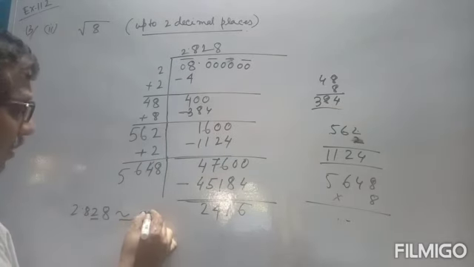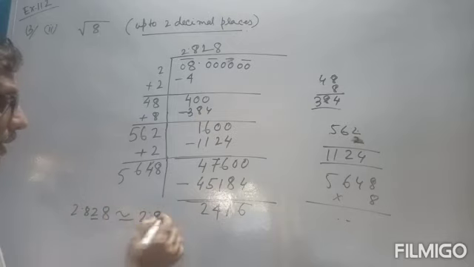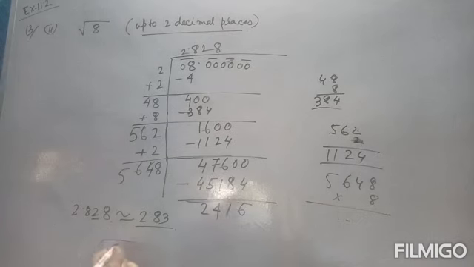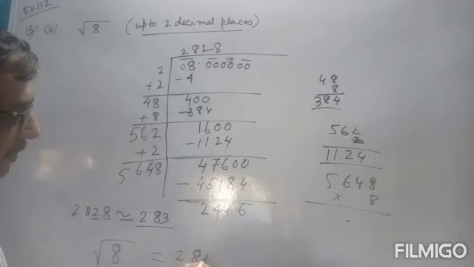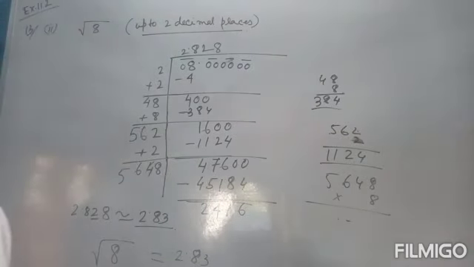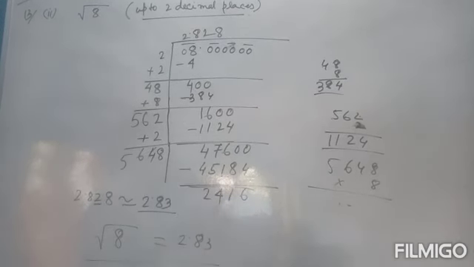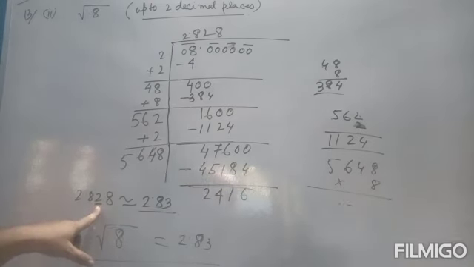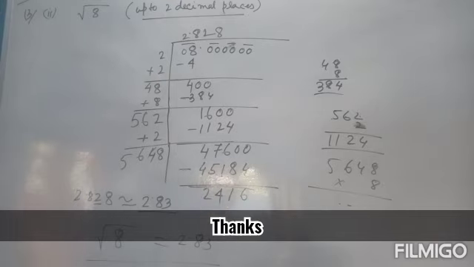So 2.82, with 2 plus 1 being 3. So the value of root 8 up to 2 places of decimal is 2.83. Okay, this is the value of root 8.